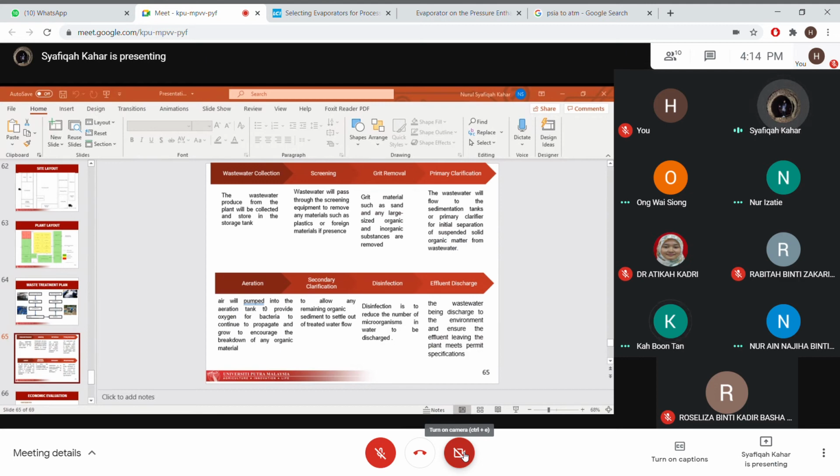But for the P&ID and chapter 5, there's a requirement for the individual P&ID. So the marks given for the P&ID are for the overall and also the individual. But for waste treatment, the economic analysis, and the site layout and plant layout, it is the group. Overall P&ID. Oh, I see.